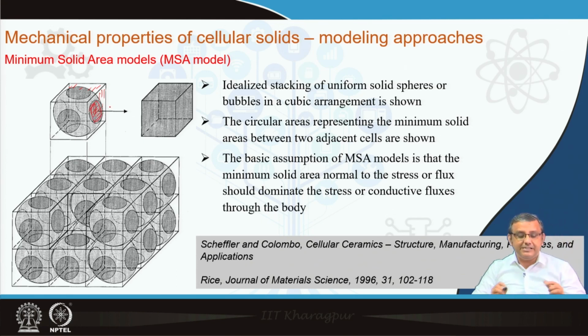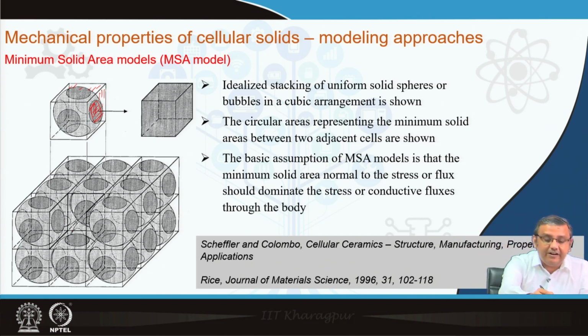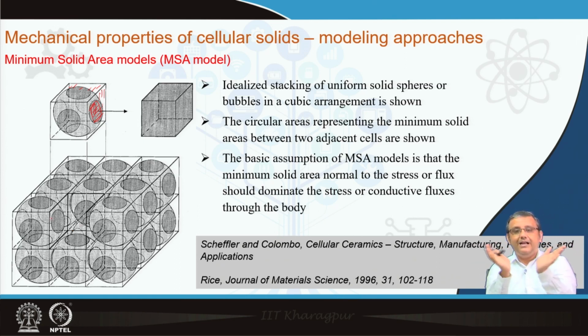So basically the assumption is that when we pack the individual cells side by side, as is being done over here, this circular area is the region through which the spheres inside the individual solids touch each other. That means this is the area over which the adjacent cells touch each other.